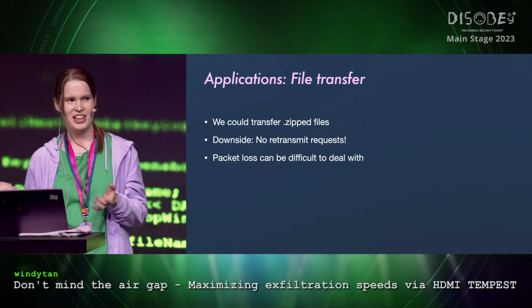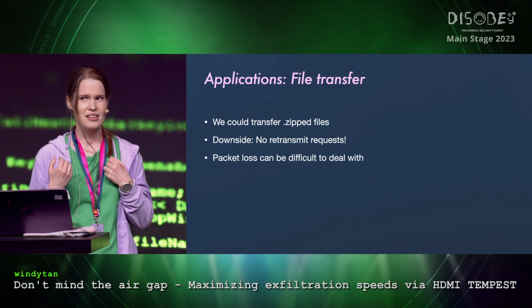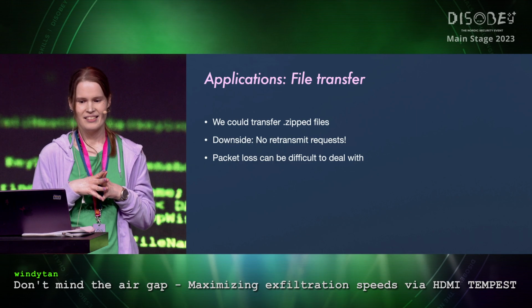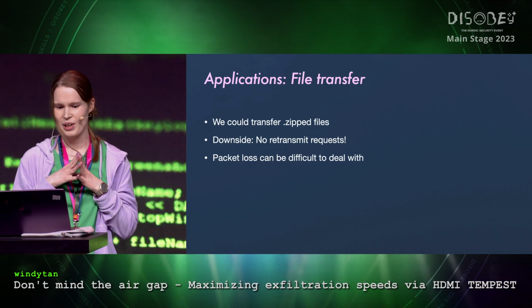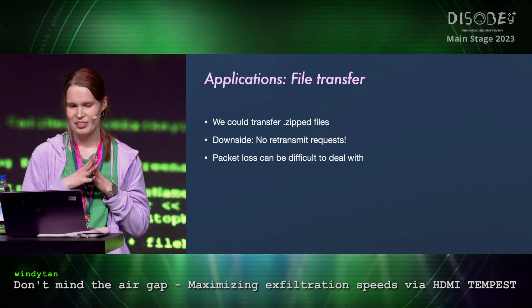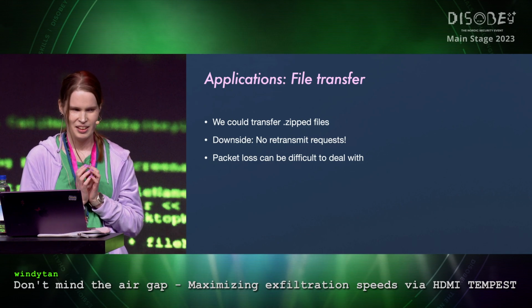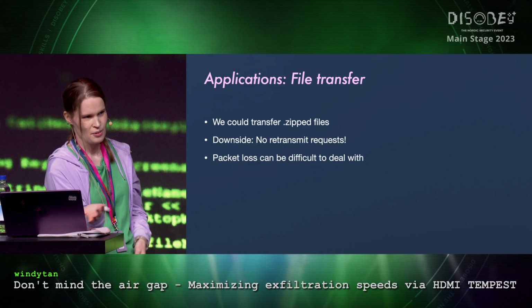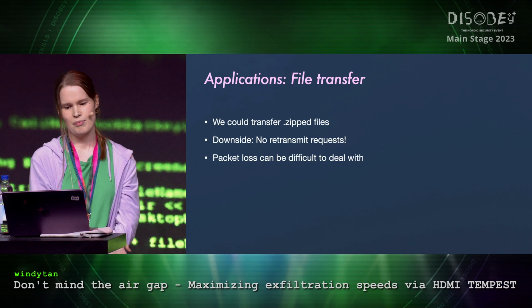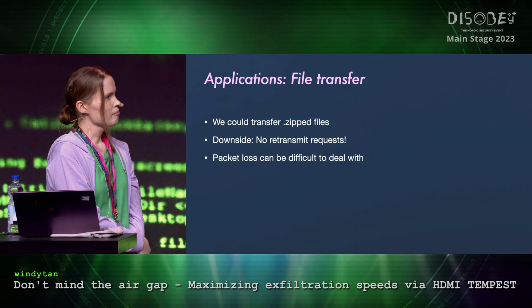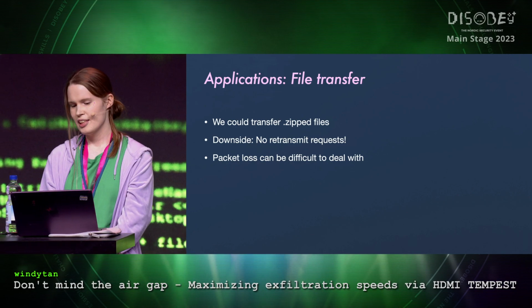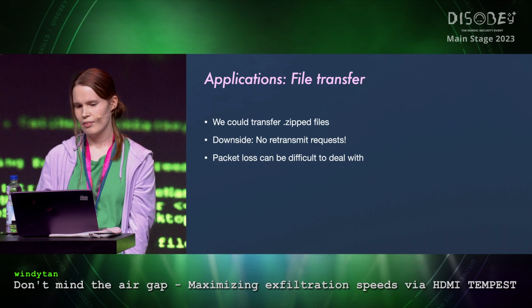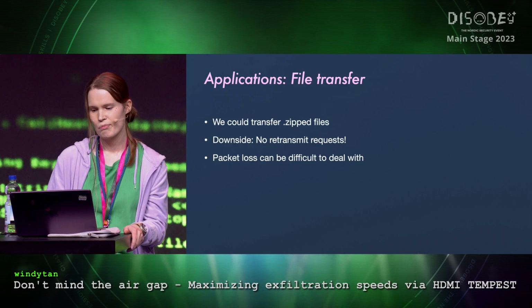There is no return channel. You cannot request a packet again if you happen to lose one. So transmitting big files is kind of a difficult thing. You have to wait for the repeat if there is a repeat, and that can take some time. Yeah, packet loss can be difficult to deal with when you have files.